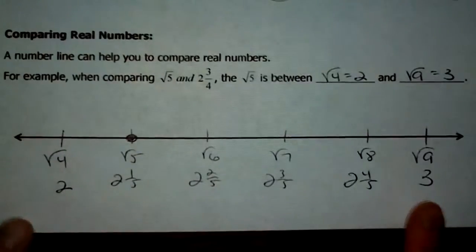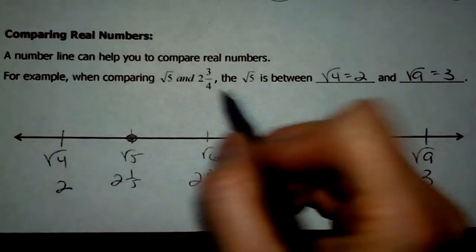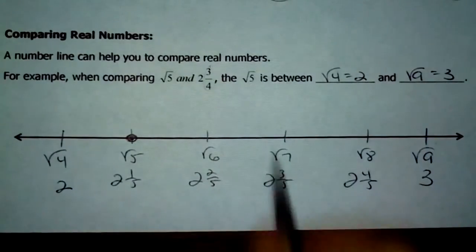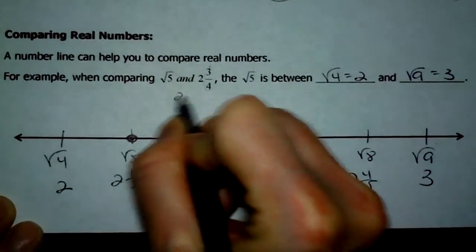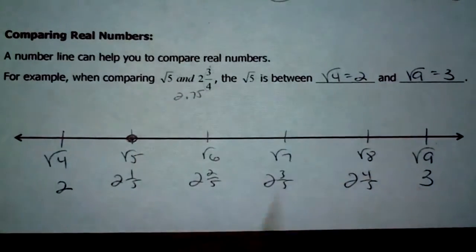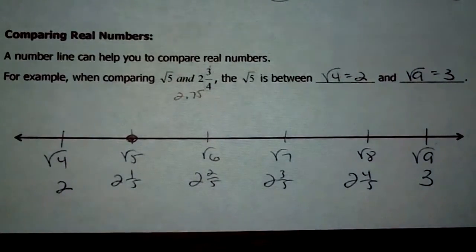The only thing is that this isn't fourths, it's fifths, and I don't think I want to change those into fourths. I'd rather change them into decimals. And 3/4 is one of those that maybe you look at it and you know, oh, that's 75 hundredths. This means 2.75. Or maybe you need to set it up for long division and do 3 divided by 4 to change that. But 2 3/4 is equivalent to 2.75.